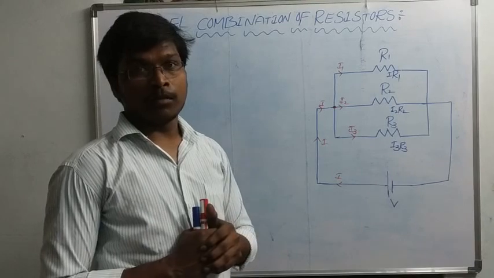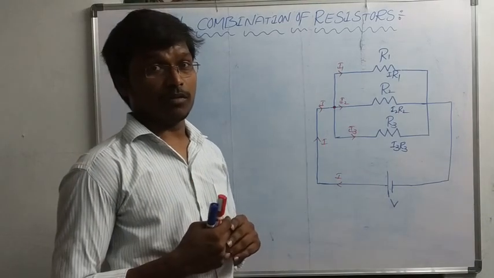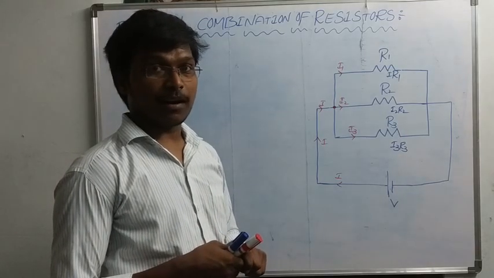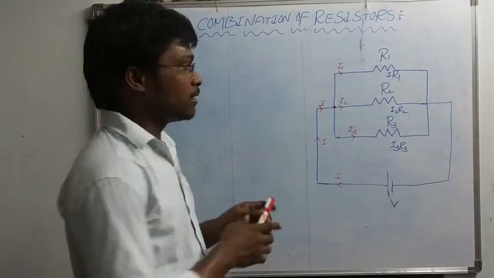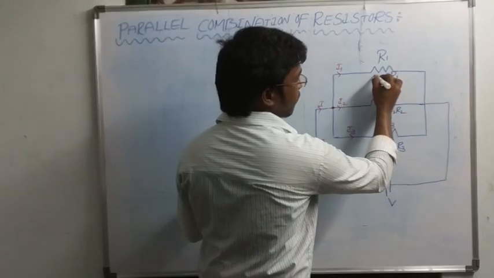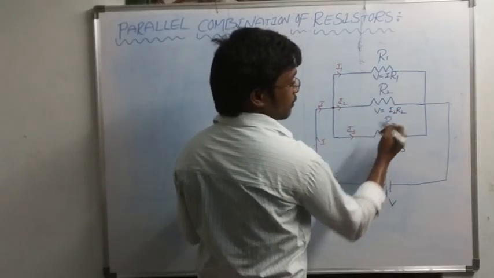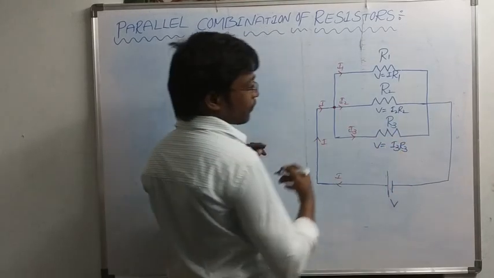Already we know from the definition of Ohm's law, V is equal to IR: product of current into resistance is voltage, V.